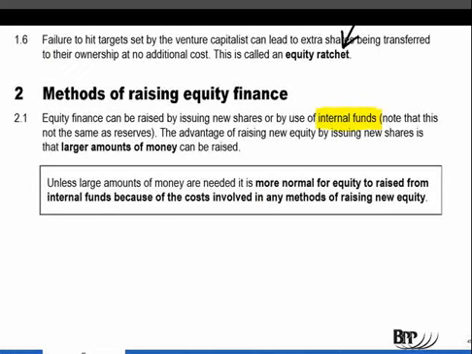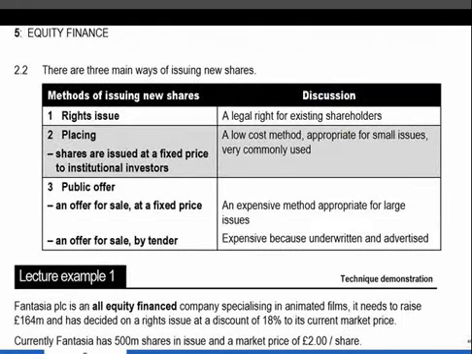When you're raising large amounts of money, you're likely to have to go back to your shareholders and raise funds. And when you do this, you have a legal obligation in the UK to go back to your original shareholders and give them the right to put more money into the company, and by doing so to maintain the level of control that they have. We'll consider the mechanics of rights issues in a moment, and it is an important area.